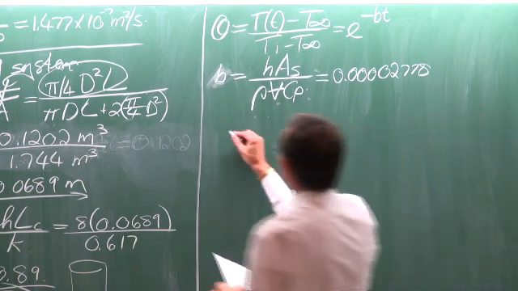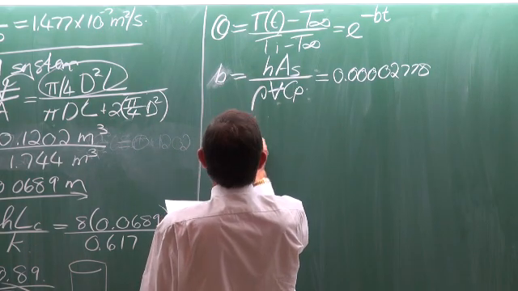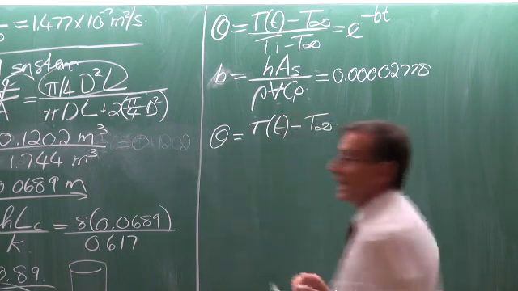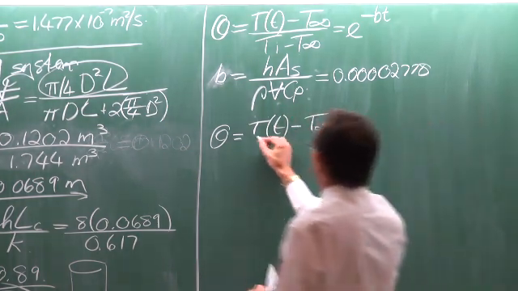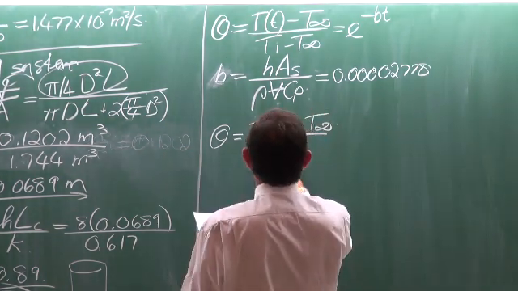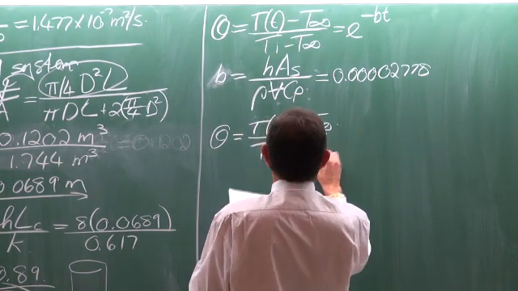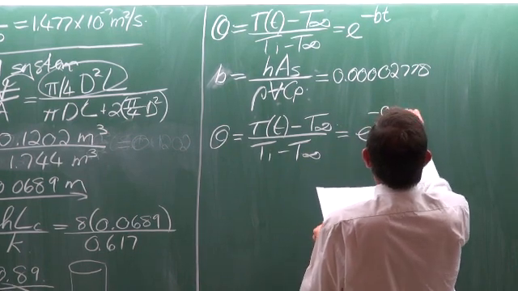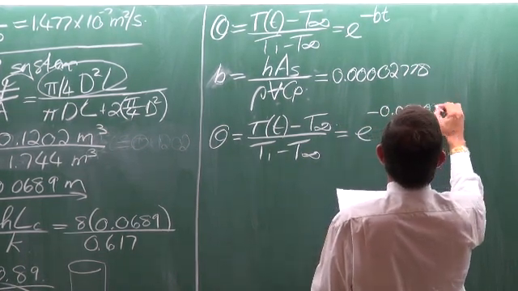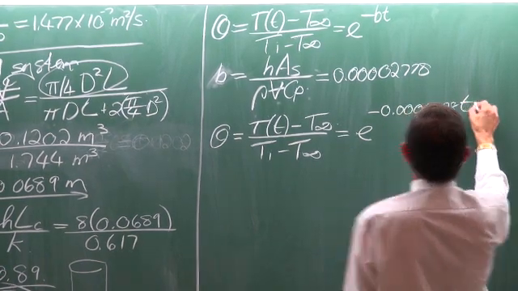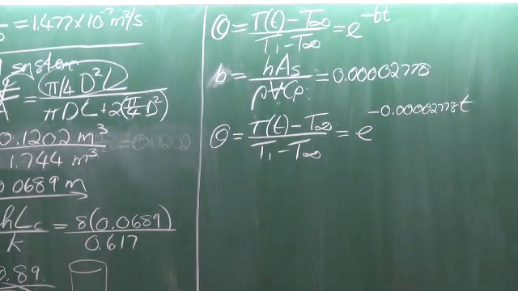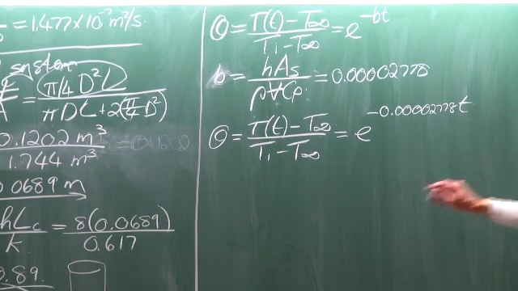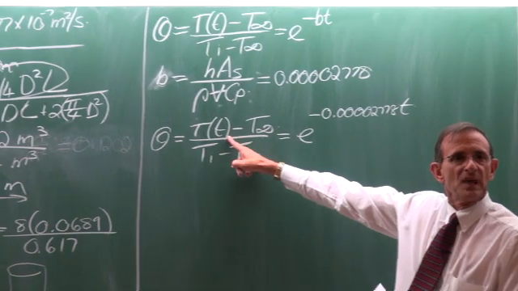So the non-dimensionalized temperature, the temperature at time t minus T infinite, over Ti minus T infinite, would be equal to e to the minus 0.1234278t. So what would the temperature at time t be?